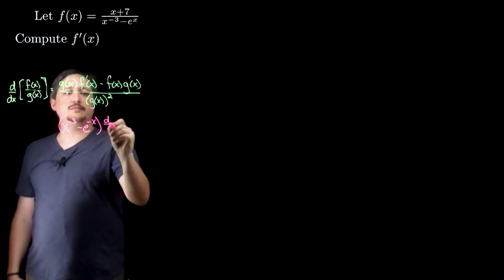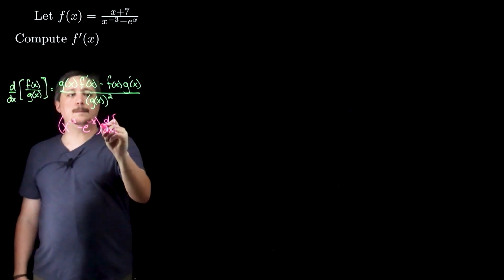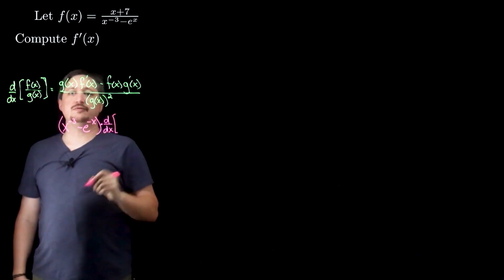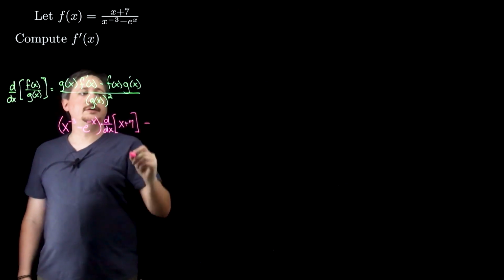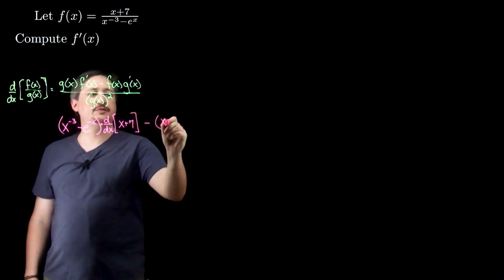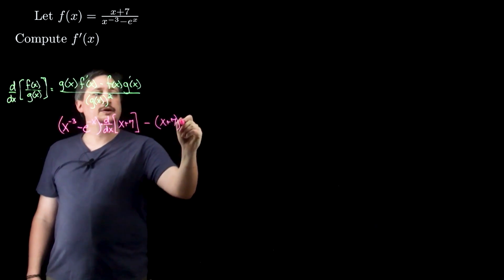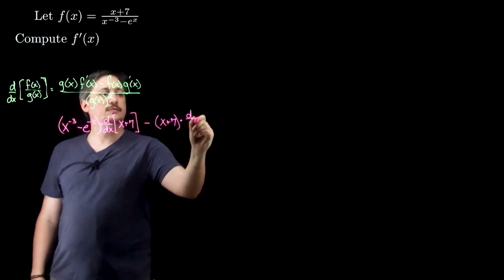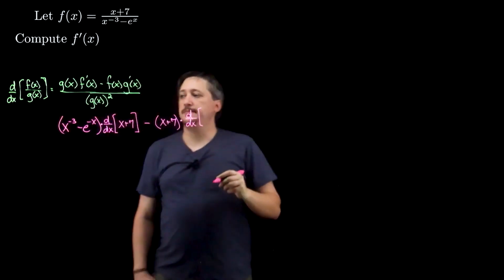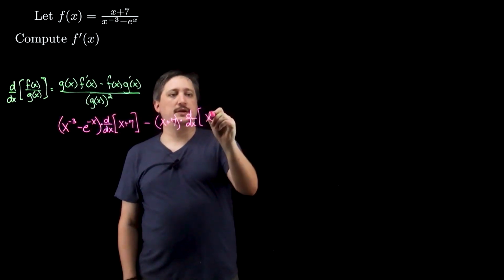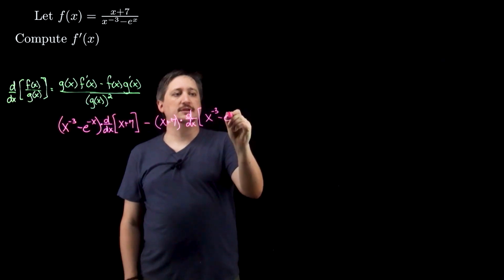And then I'm going to take the derivative of the top, that's x plus 7, minus the top, x plus 7, times derivative of the bottom.